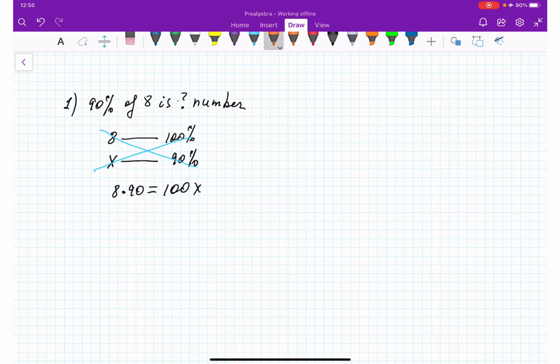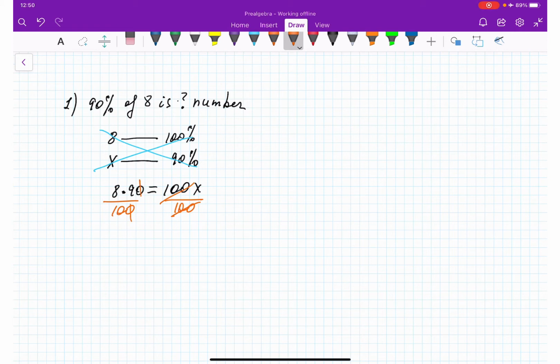So what we do here, divide by 100. Dividing by 100 here and dividing by 100 here. This is gone. And 90, 100, this 0 is gone.